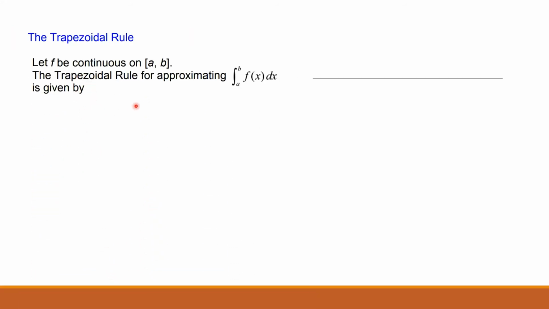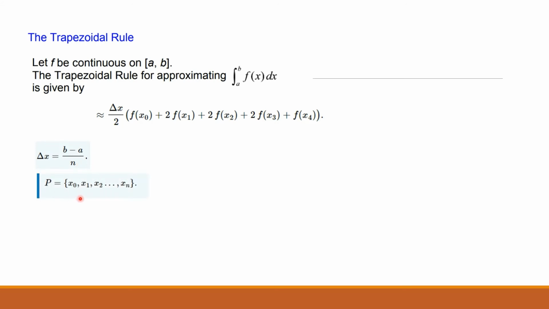Let f be continuous on [a, b]. The trapezoidal rule for approximating the integral of f of x dx evaluated from a to b is given by delta x over 2 times f of x sub 0 plus 2 times f of x sub 1 plus 2 times f of x sub 2 plus 2 times f of x sub 3 plus f of x sub 4, where delta x is equal to b minus a over n, and n is our number of intervals.